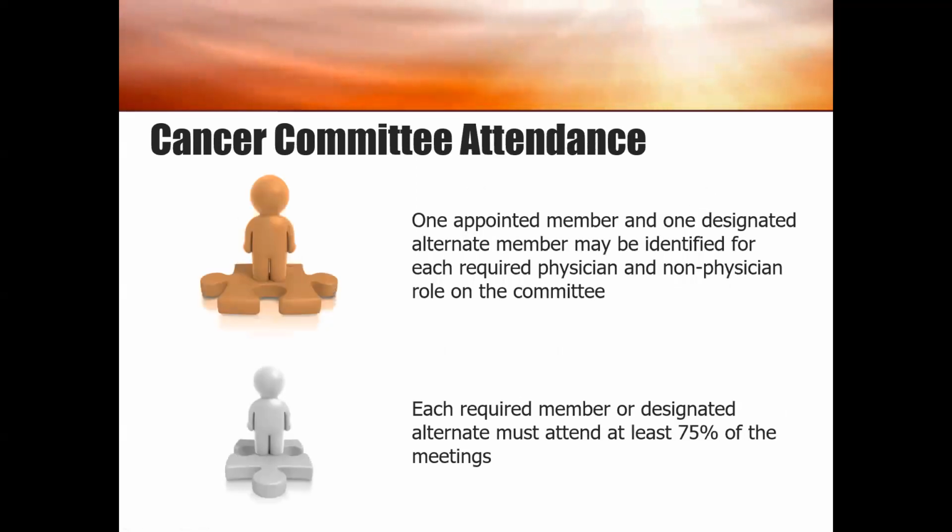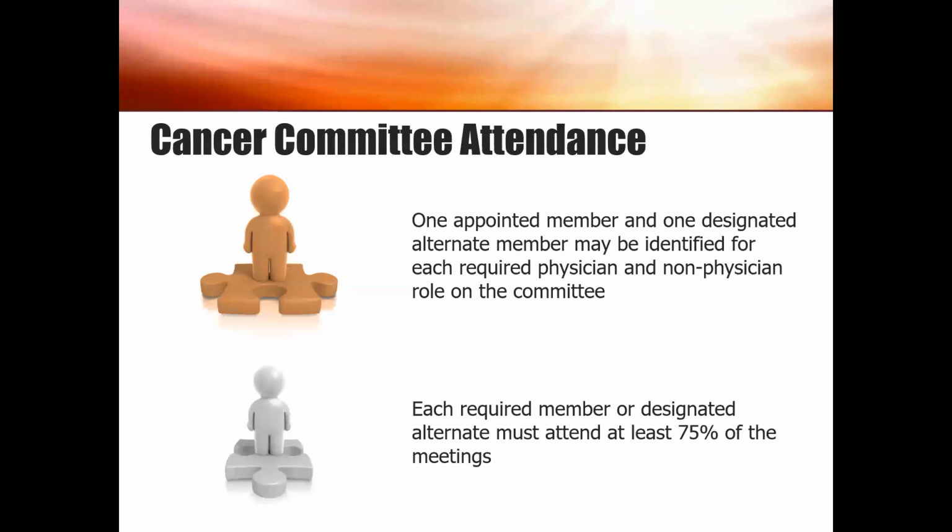For each of the required members, the Cancer Committee appoints one person and one designated alternate person to attend the Cancer Committee meetings. Since the Cancer Committee is responsible for leading the cancer program, it only makes sense that the appointed members regularly attend and participate in the Cancer Committee meetings.